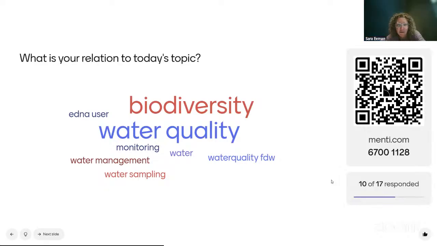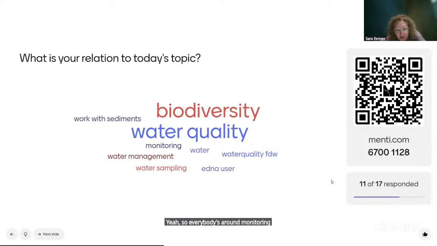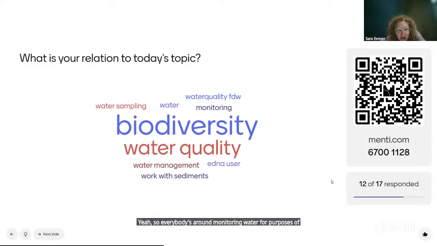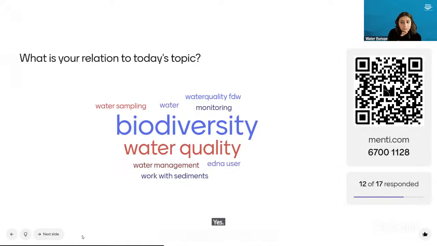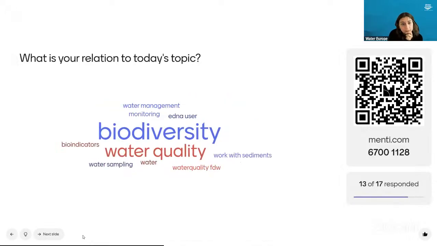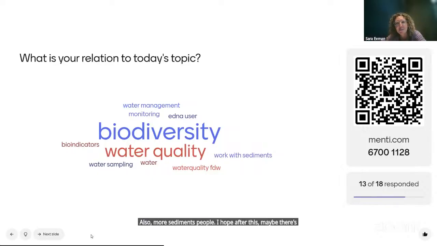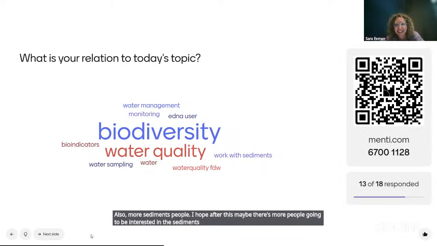Yeah, so everybody is around monitoring water for purposes of the framework directive or management, sampling, monitoring. It's all around the same topics. Also more sediment people. I hope after this maybe there are more people going to be interested in the sediments as well.